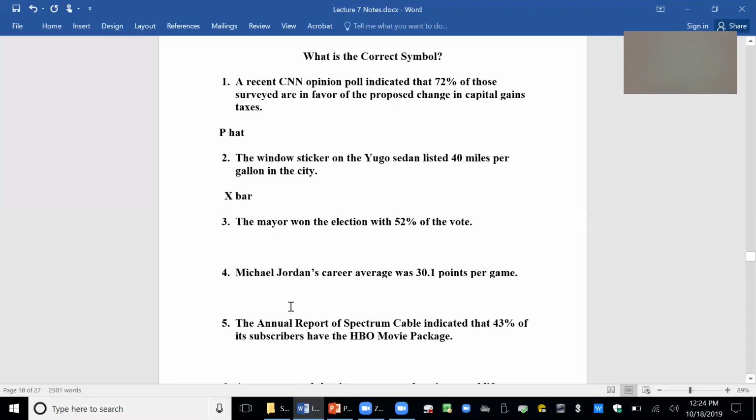The mayor won the election with 52% of the vote. Did they count everyone? They didn't count everyone. Some people didn't vote, right? Do we care about those people? We don't care about those people at all. They don't have any bearing on who gets elected.